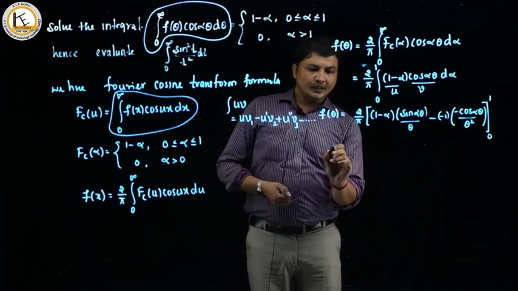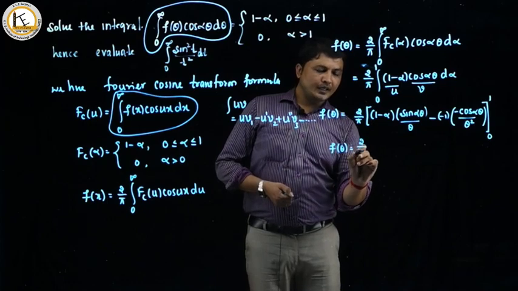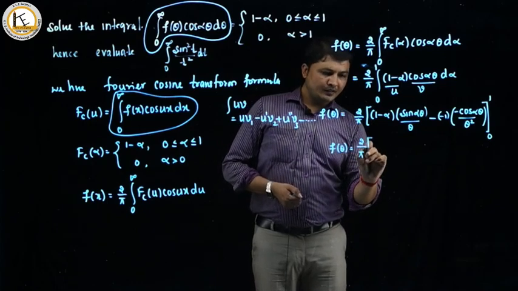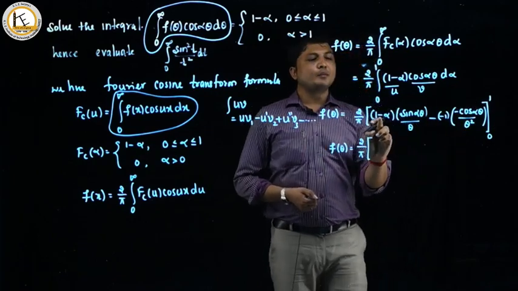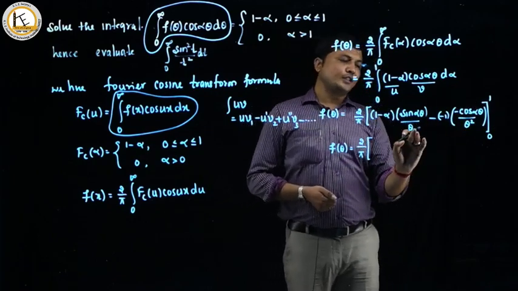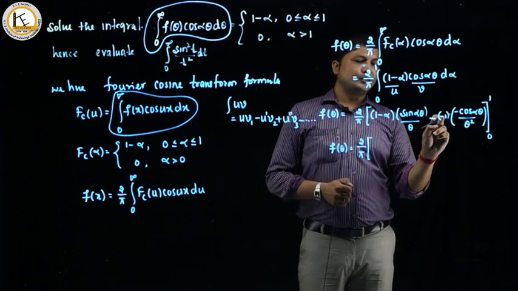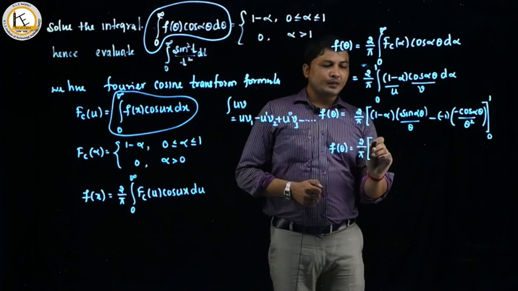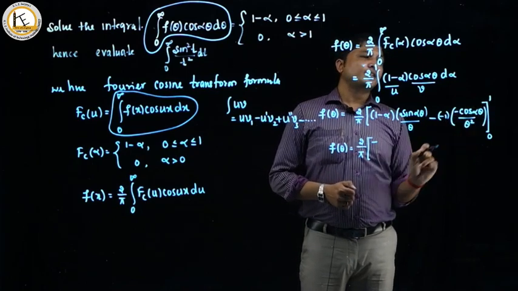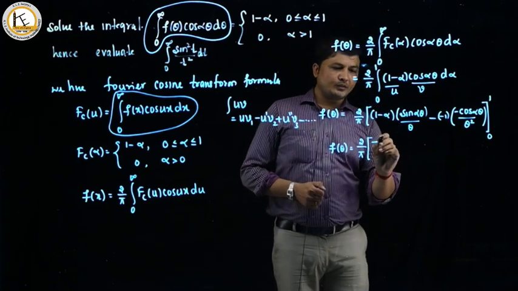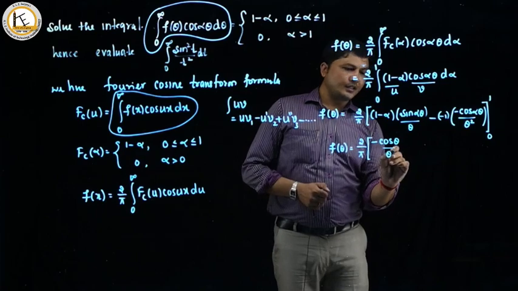So f of theta is equal to 2 by pi in bracket. Applying the upper limit, 1 minus 1 will be 0, and 0 into anything is 0. Since there are 3 minuses here, minus into minus becomes minus, and cos, in place of alpha we replace the upper limit 1, so it becomes cos theta divided by theta square.